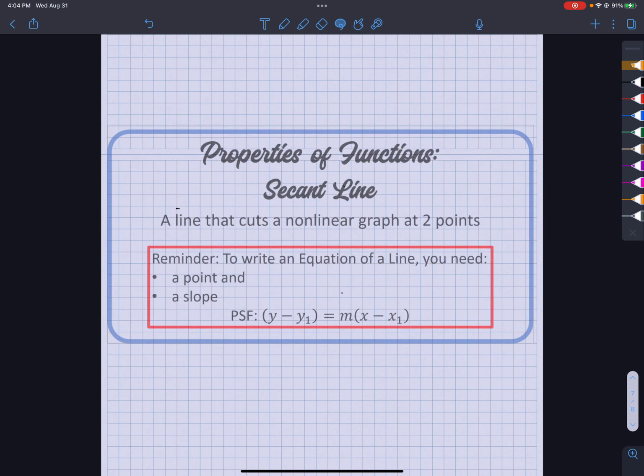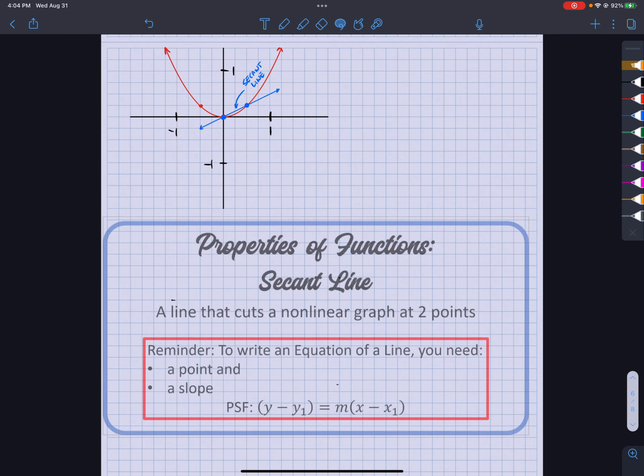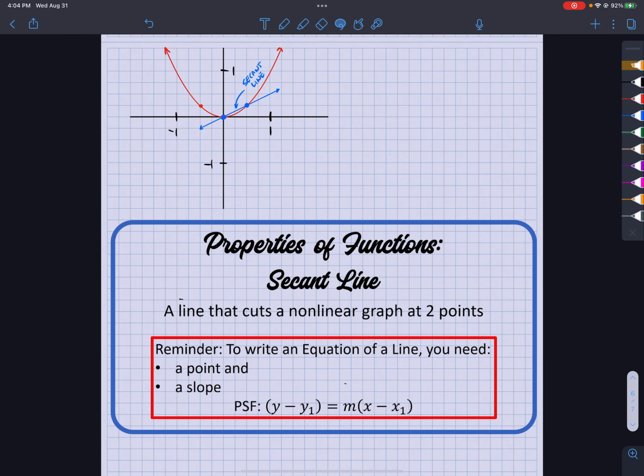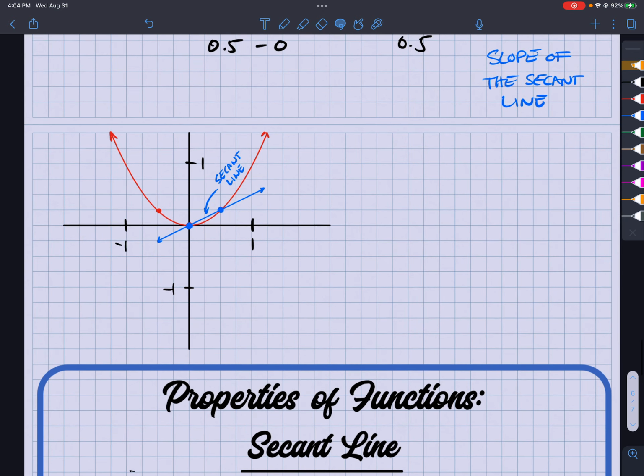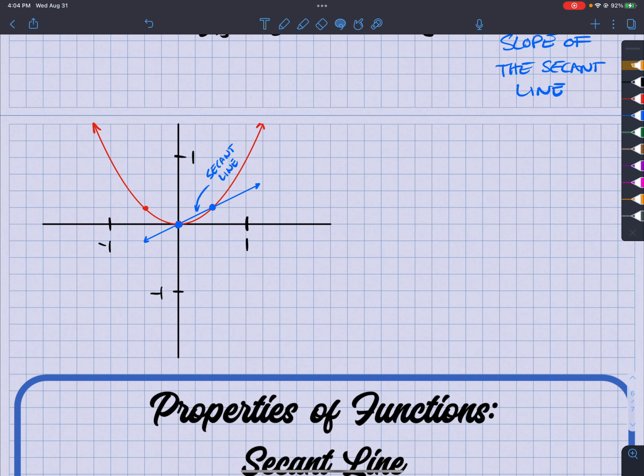Now, to find the equation of that line, I know that the slope of this secant line is going to be 0.5, or 1/2. And I had 2 points, right? I had 0, 0, and I also have 0.5, comma, 0.25.